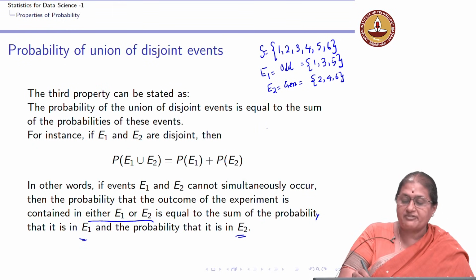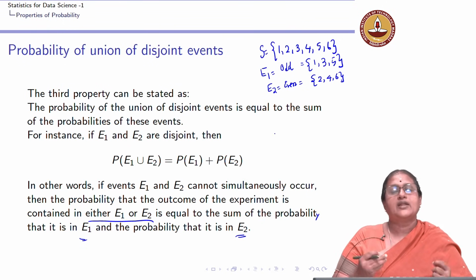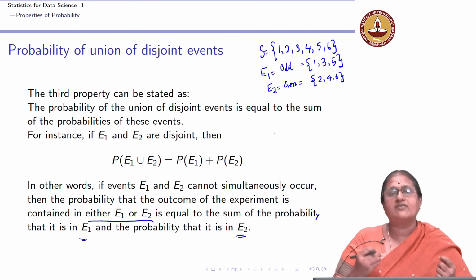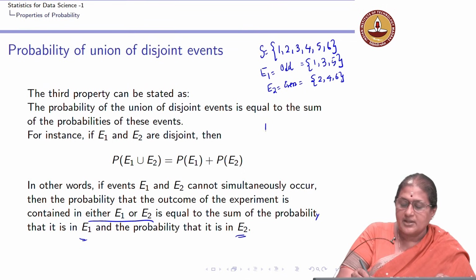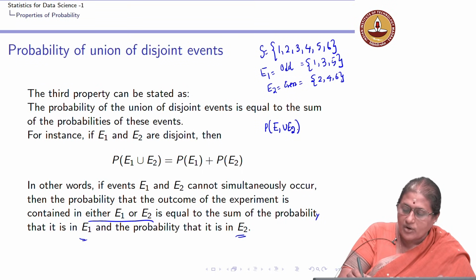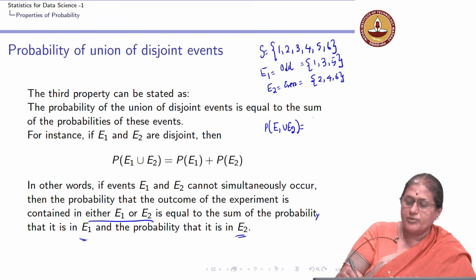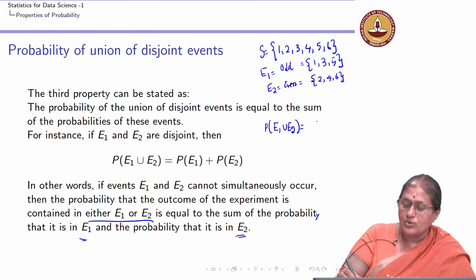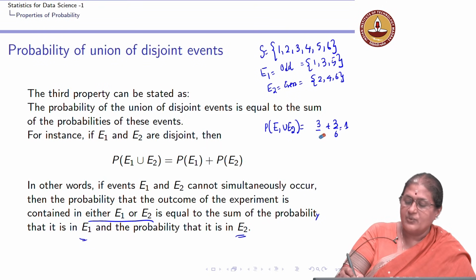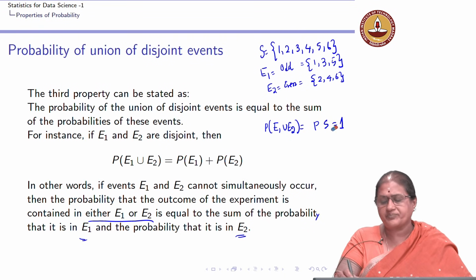But if I define an event that the outcome is either an even or an odd number, then the probability of getting either an even or an odd number is equal to the probability of E1 plus probability of E2, which is 3 by 6 plus 3 by 6, which is 1, which is nothing but the probability of your sample space, which is equal to 1.